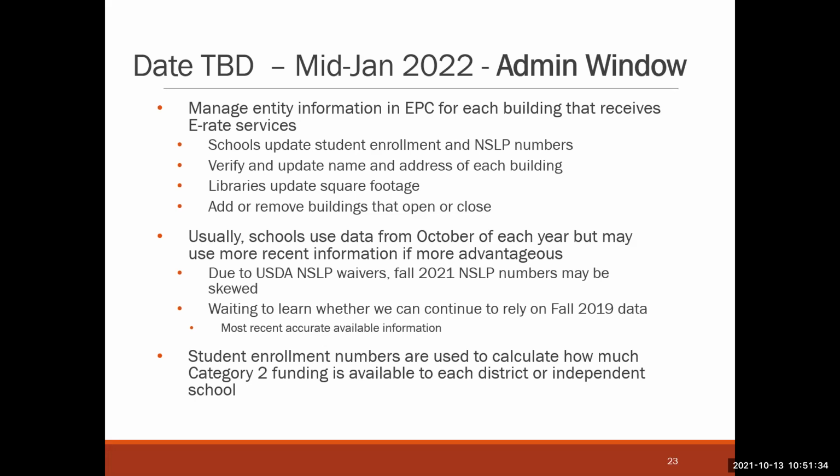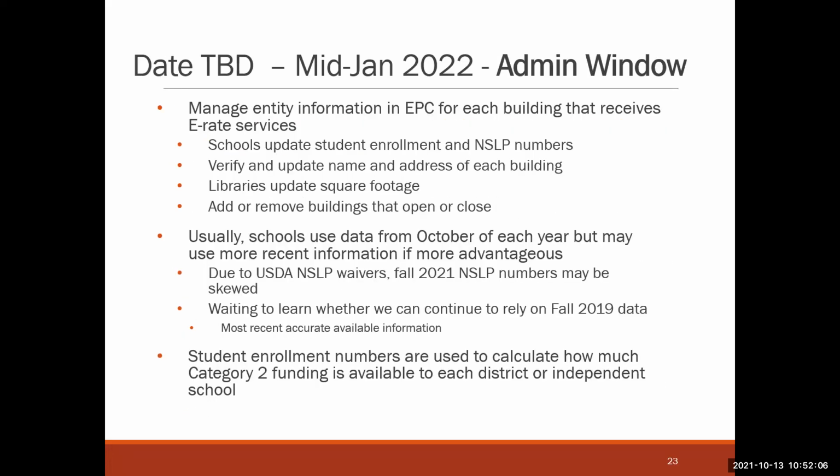You've got enrollment data for calculating your discounts, and then you've got enrollment data for calculating your Category 2 budgets. So theoretically, you could use your fall 2019 NSLP and enrollment data to calculate your discounts, but then use your more updated fall 2021 enrollments to calculate your Category 2 budgets.